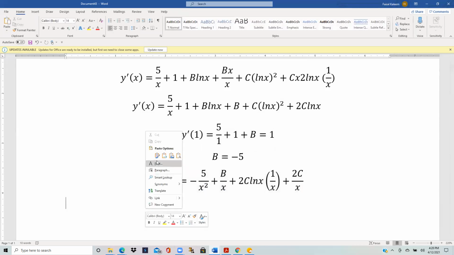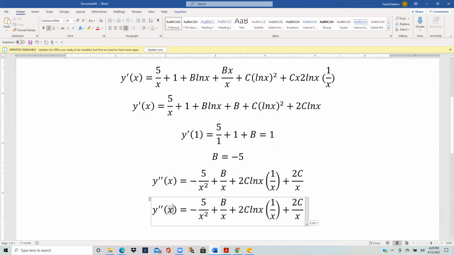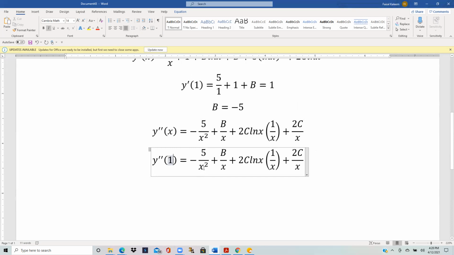So y double prime 1. Now these x's become 1s. And now let's substitute b also. B was negative 5. ln 1.